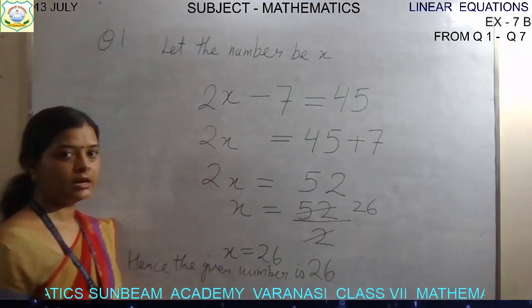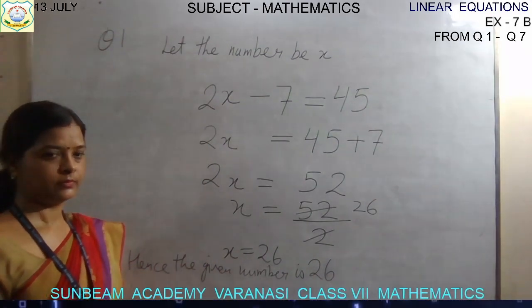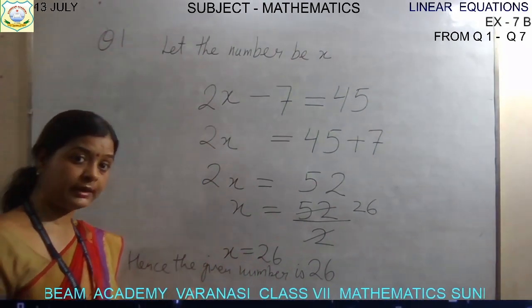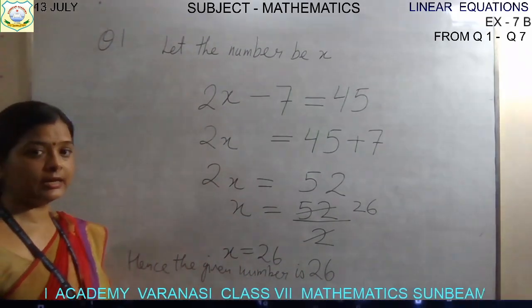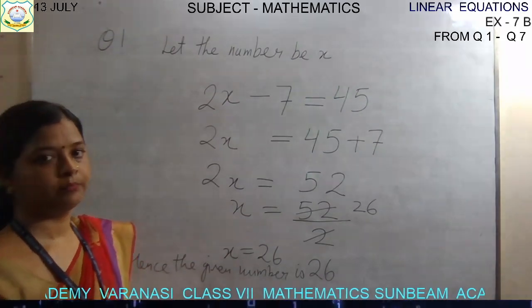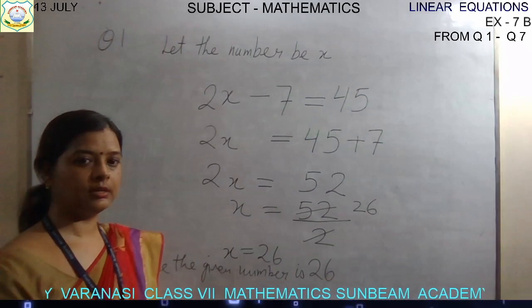This is your answer. No need to leave it at x is equal to 26. You have to write down this statement. It is a word problem question, so somewhere you have to write down some statements. Clear? Okay. Now let's move to the next question. Let's see the next question.